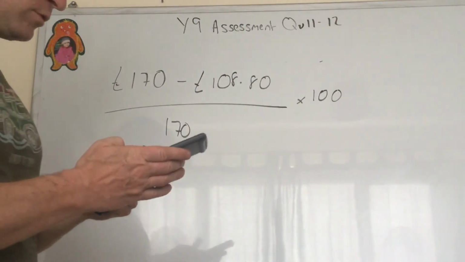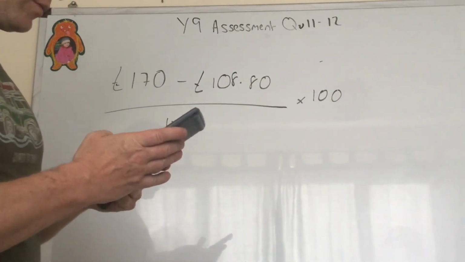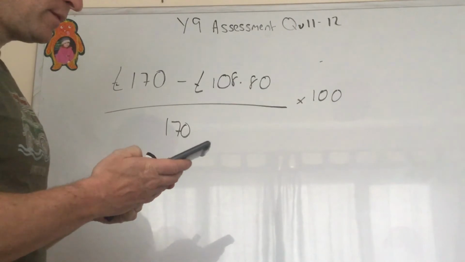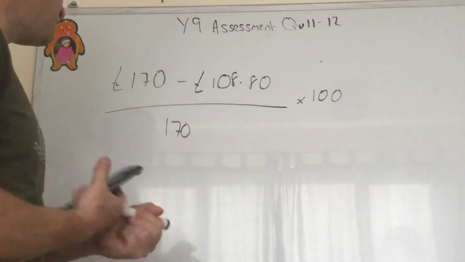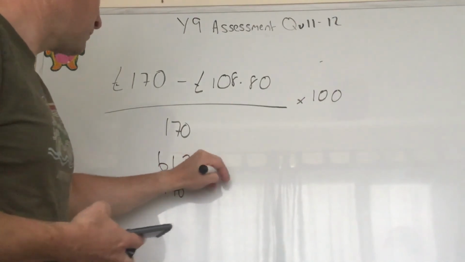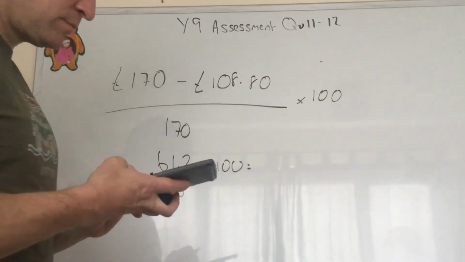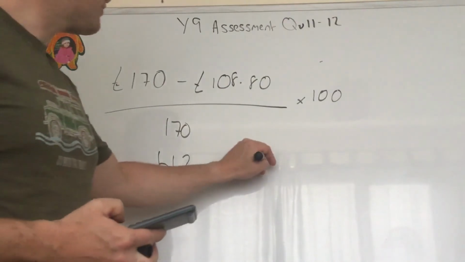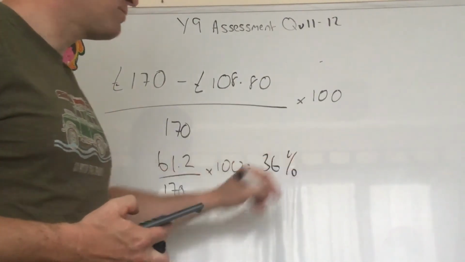Okay, so 170 minus 108.8 is 61.2, and that gives us 36% loss.